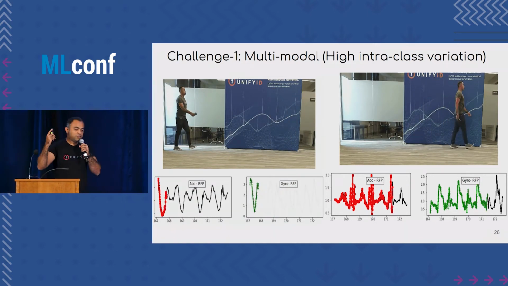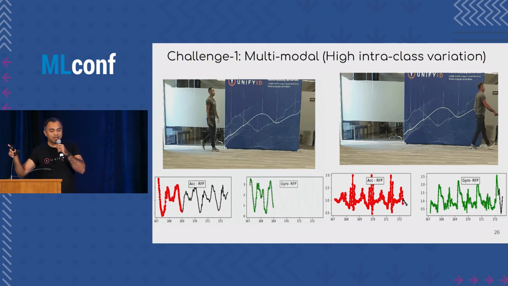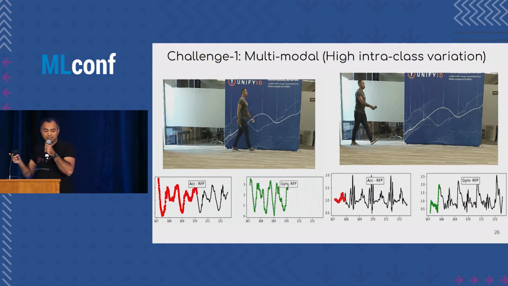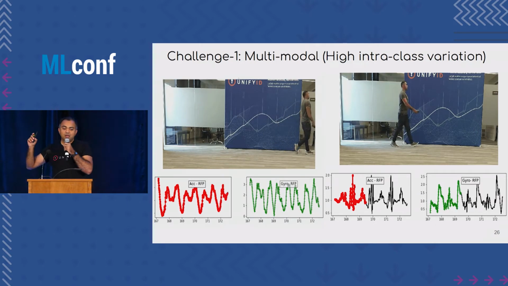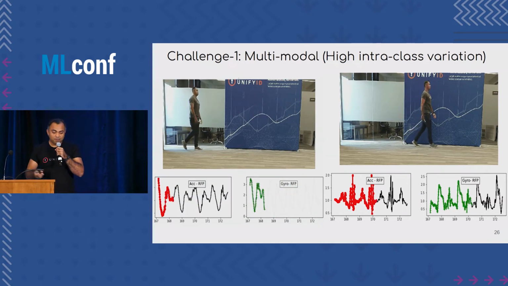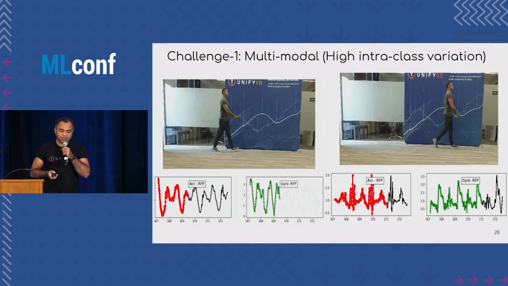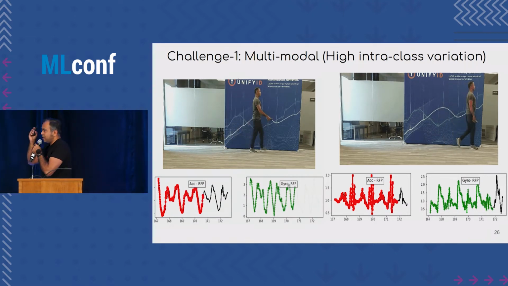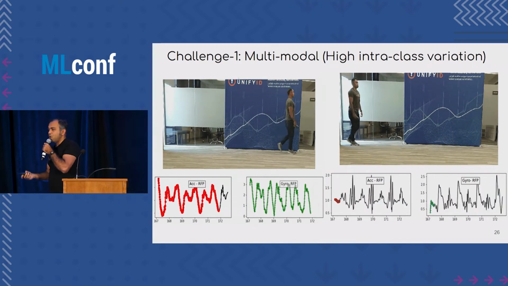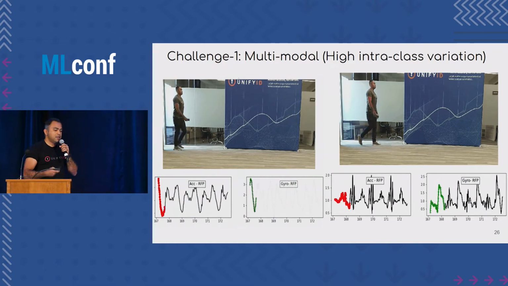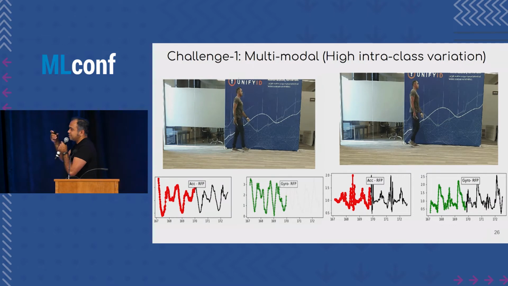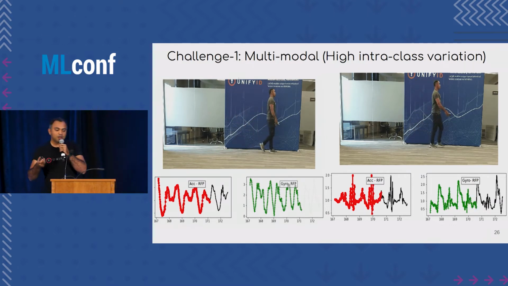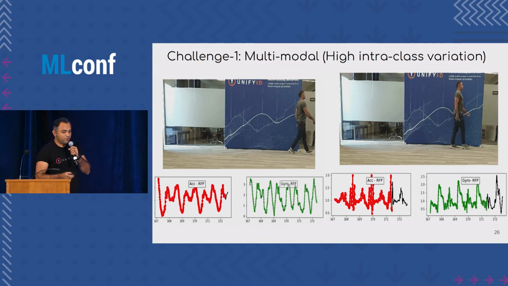Here you see the visualization of how my gait cycle looks when the phone is in my right hand, on the left side of the screen, and how the gait cycle looks when the phone is in my right front pocket, using accelerometers and gyroscopes. As you can see, if I've only trained the model with the phone in my right front pocket, it's very hard for it to predict how the accelerometric or gyroscopic signals are going to look when the phone is in my back pocket, for example.